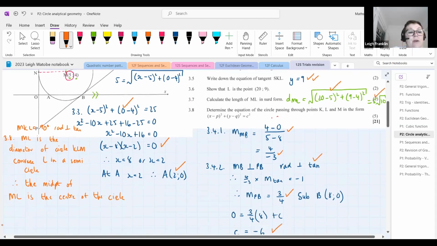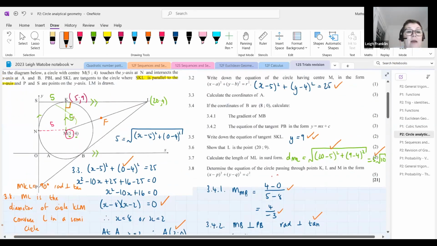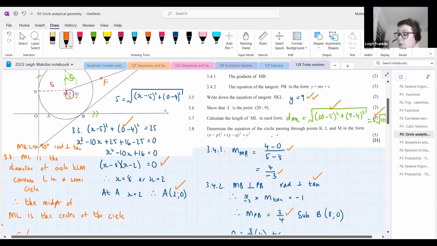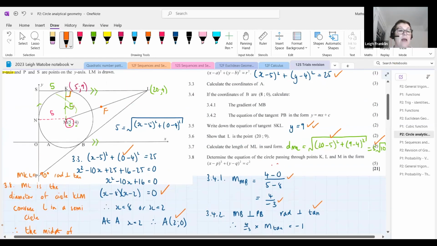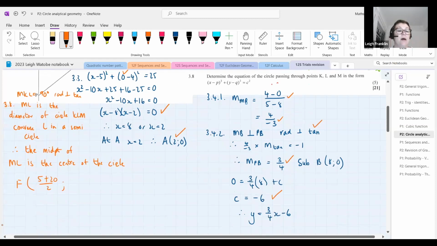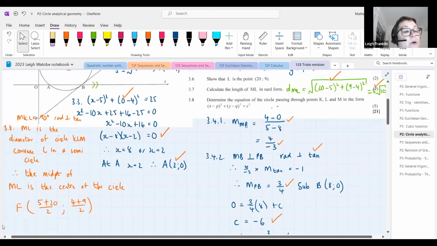All right, so now calculating the coordinates at the midpoint, we've decided to call it F. That would be 5 plus 20 divided by 2 and 4 plus 9 divided by 2.